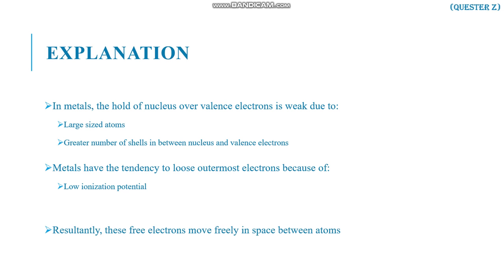Resultantly, these free electrons move freely in the space between atoms. Because they are mobile, they are always in a state of motion, because they are not in the hold of the nucleus. The nucleus has the positive charge, the electrons have the negative charge. There is attraction, but the attraction is decreased by the presence of inner electrons.